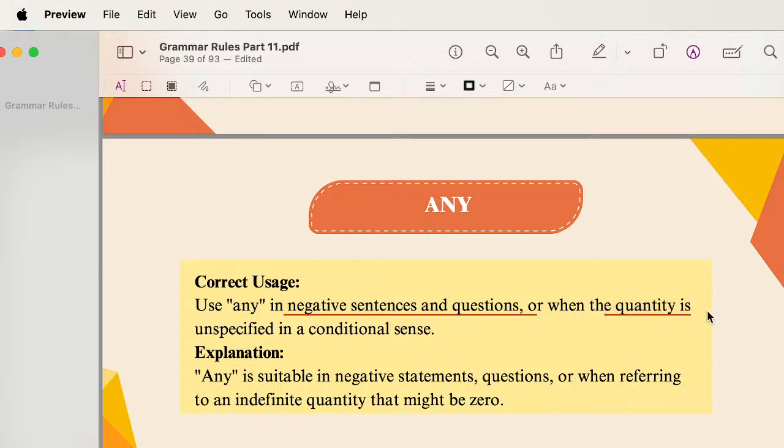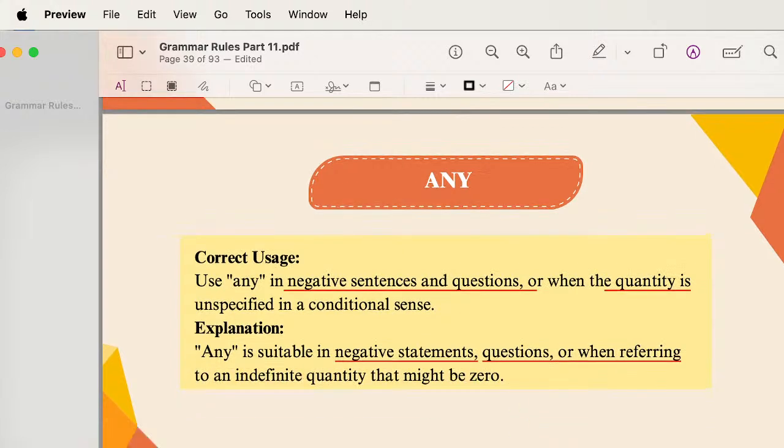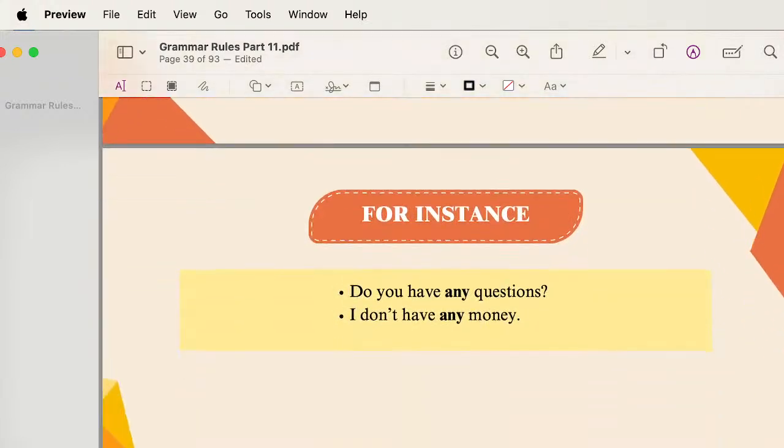Some is also used for an unspecified quantity, and any is also used for the same. But the difference is that some is used for positive sentences, and any is used for a negative sense. It is suitable in negative sentences, questions, or when referring to an indefinite quantity that might be zero also. Do you have any questions?